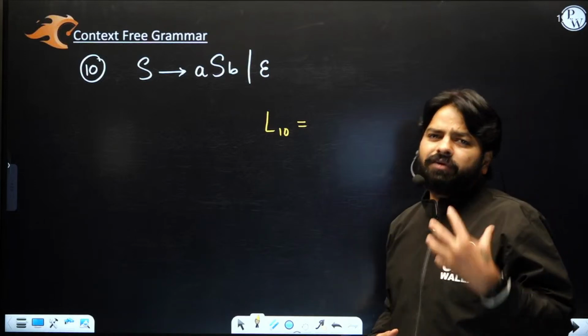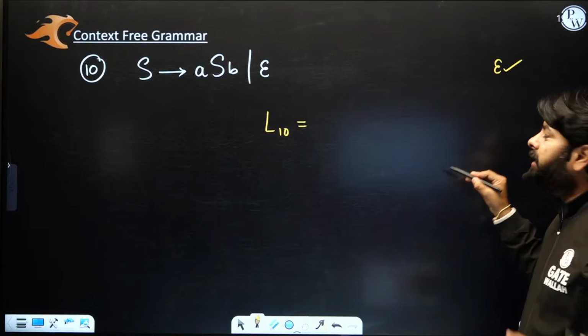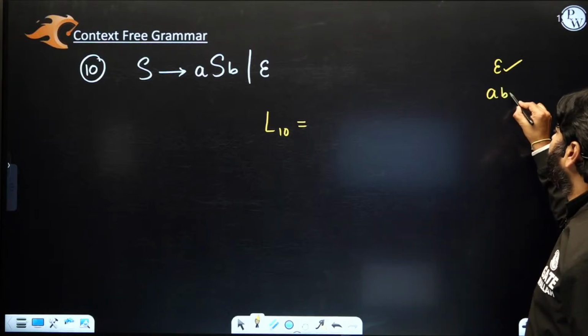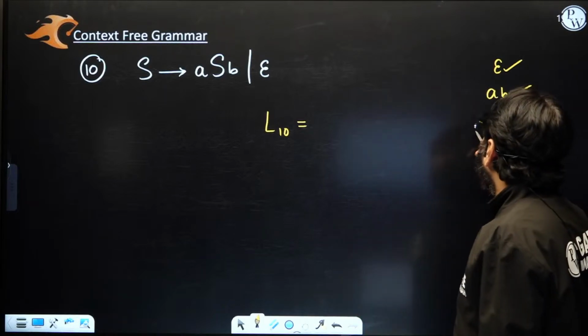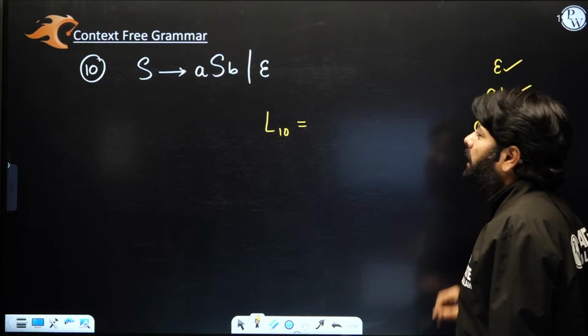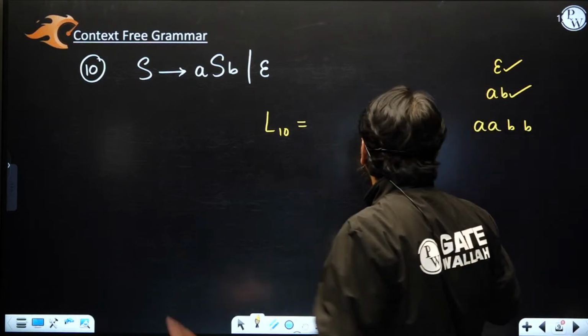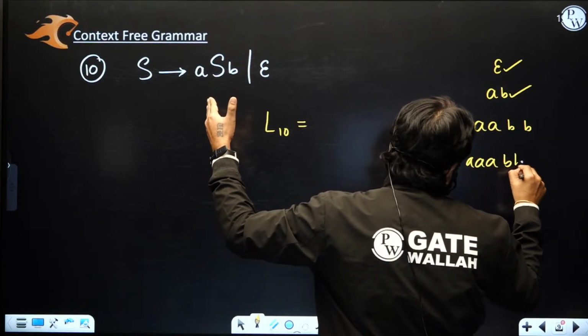The minimum string is epsilon. The next minimum string is just AB. If you try the next string, it's going to be A, then S again can generate AB, so AABB. Next, if you try another string, AAABBB.